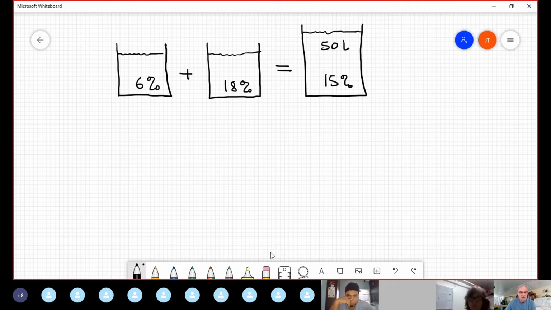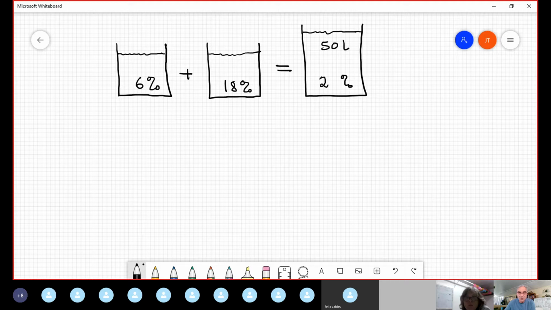Let me check whether my question makes sense or is stupid. It's logical because you mix 6% and 18% in different proportions, and of course you get 15. Does it make sense? Suppose I change that number and put 20%.